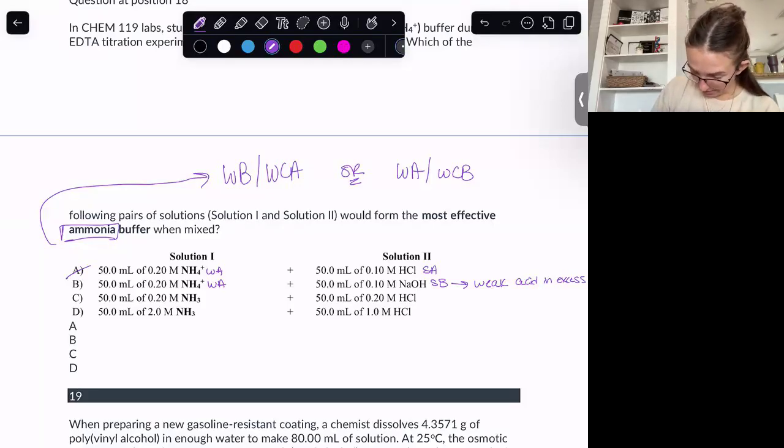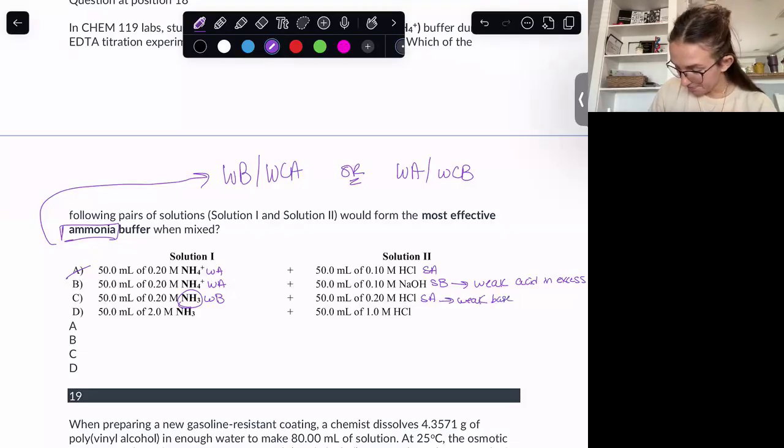In this case, we have a weak base and a strong acid. That's better because your base is the weak portion, right? We want an ammonia buffer, not an ammonium buffer. So your ammonia, being your weak base, is first, that's more towards our ammonia buffer scenario.